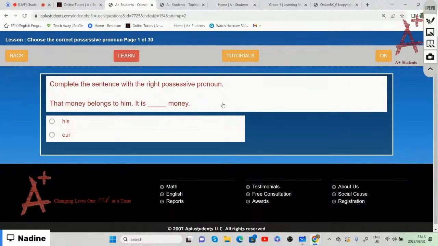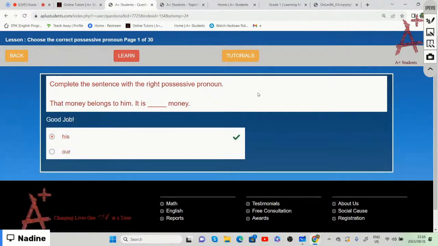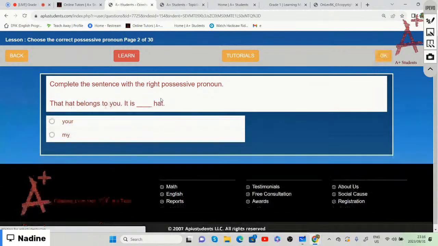So that money belongs to him. Whose money is it? Is it his money or is it our money? If it belongs to him, in this case, yes, it is his. No apostrophe, nothing. It's just HIS, not HE apostrophe S.